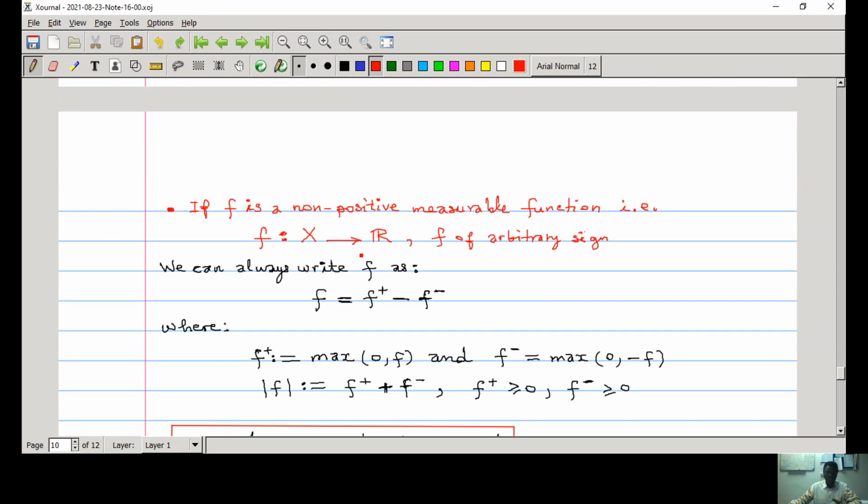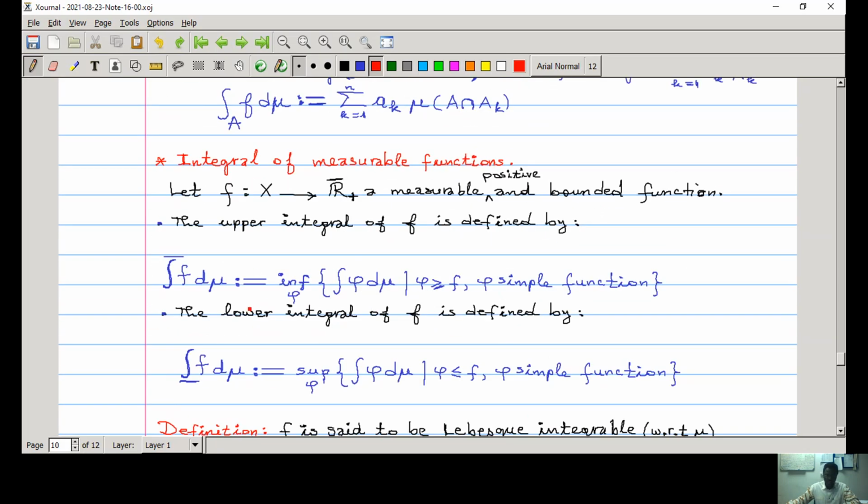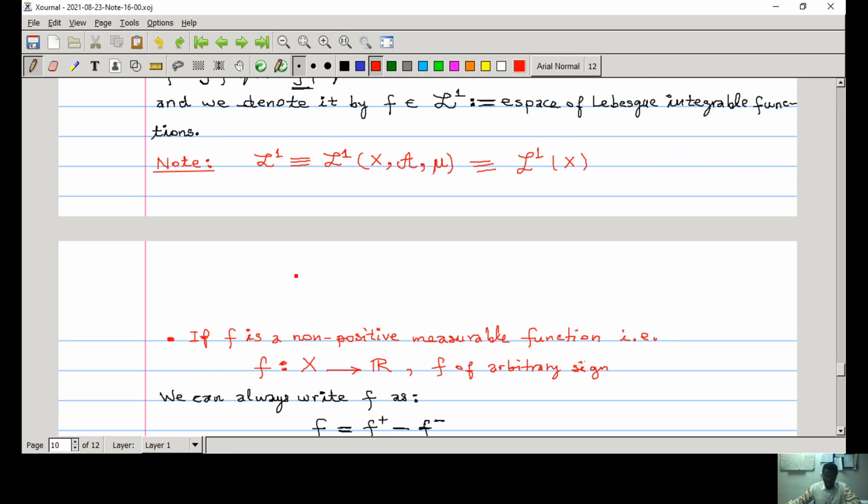So everything that was done was with positive functions. Now, if the function is not positive, meaning that it is of arbitrary sign, it takes positive values in some areas and negative values in other areas. We can always define that function f as the difference of two positive functions, and to each of these positive measurable functions we just apply this theory, because they are positive, right?